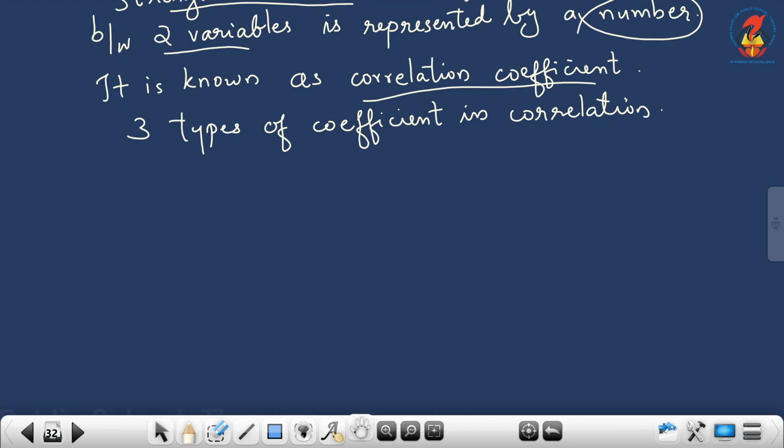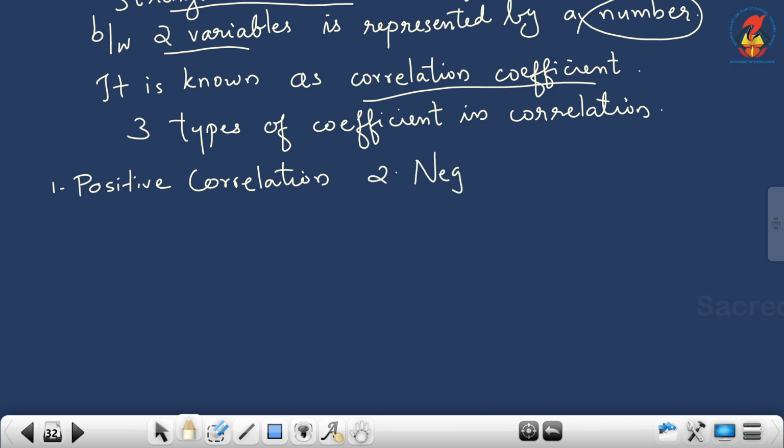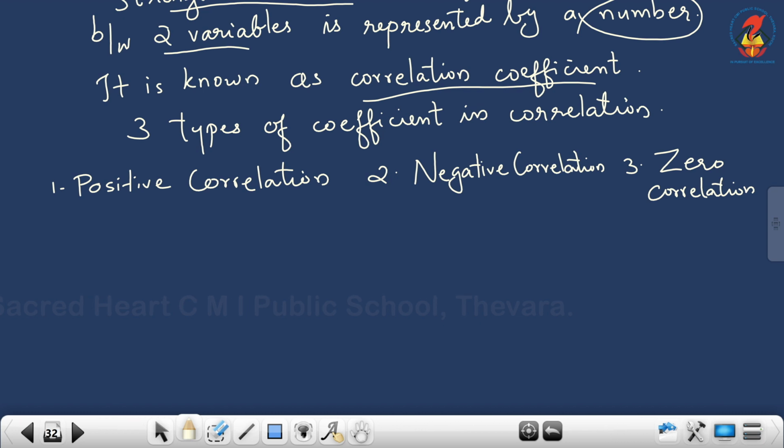There are three types of correlation coefficient: positive correlation, negative correlation, and zero correlation. Let us see what positive correlation is.